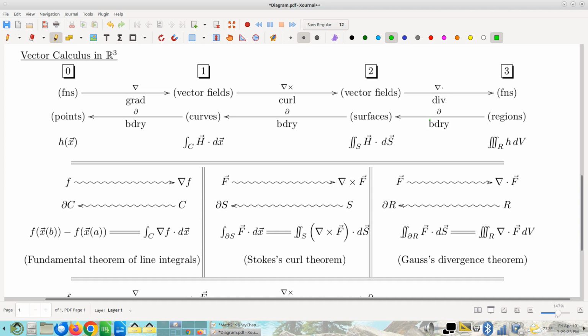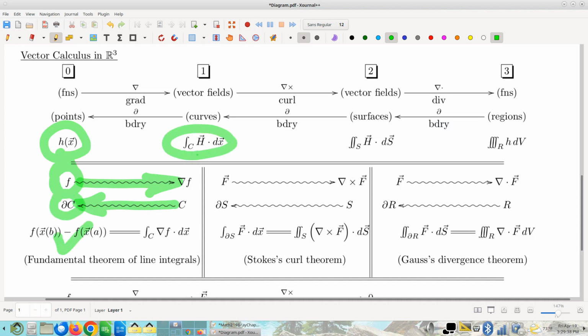Recall the fundamental theorem of line integrals, and there's this pattern that you can write. Gradient goes that way, boundary goes this way, and if you evaluate the original function on your boundary points, or if you evaluate the line integral of your gradient over your original curve, then you get the same thing either way.